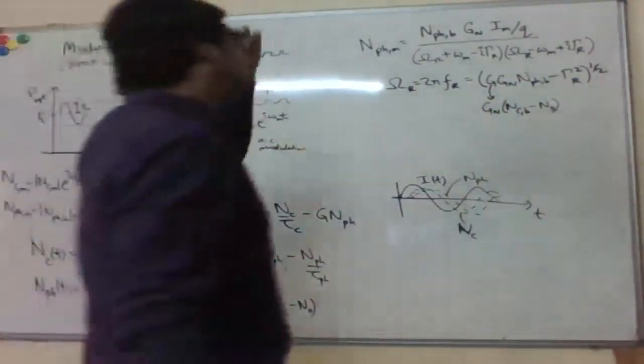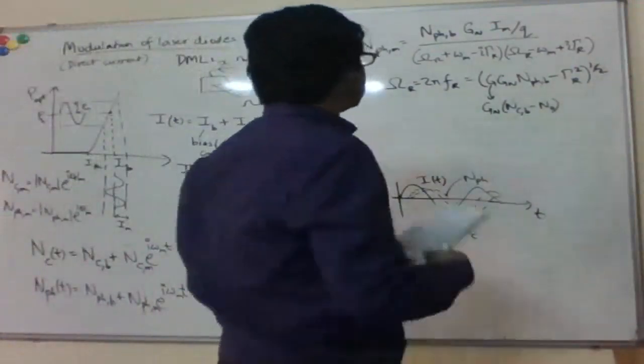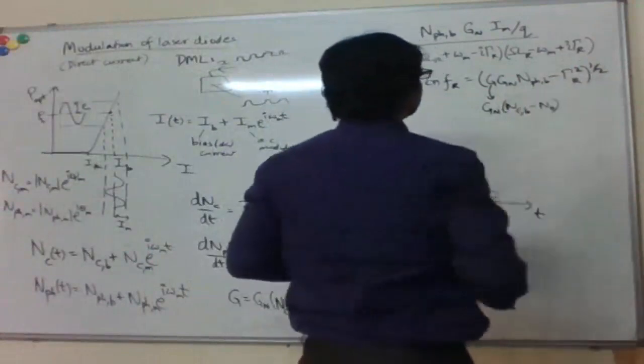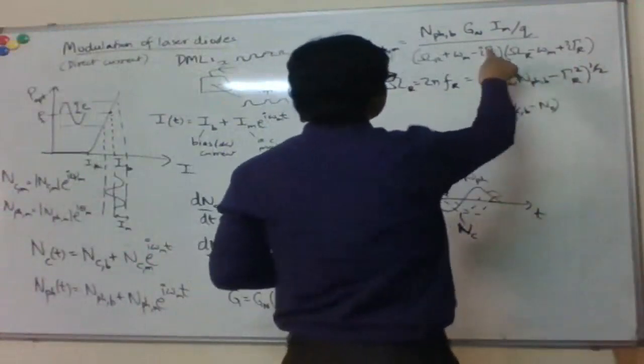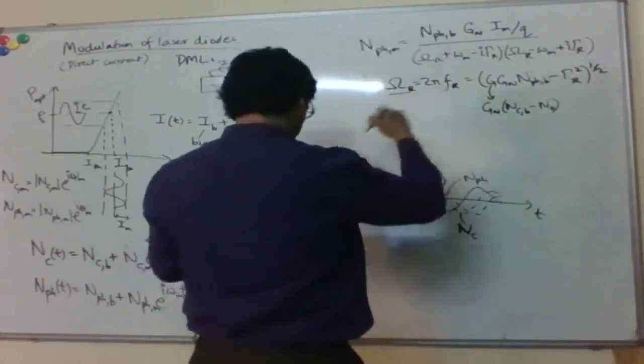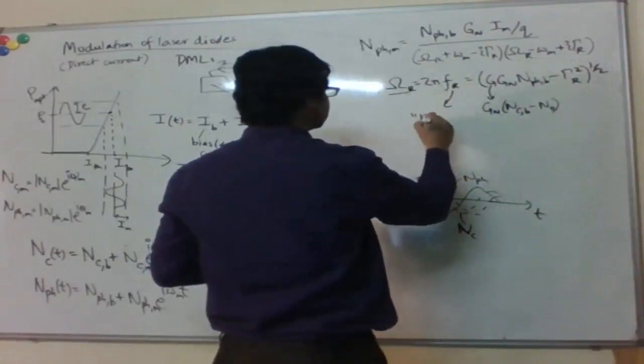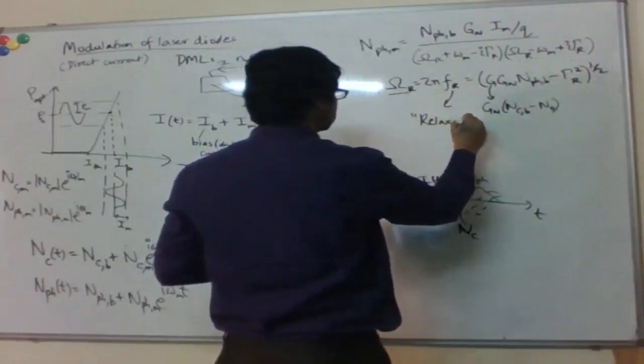So you can see that the response is of course more complicated, and there's another constant here, gamma R, which is coming here also. This omega R, or FR, is known as the relaxation oscillation frequency.